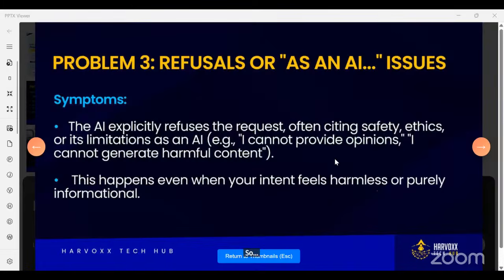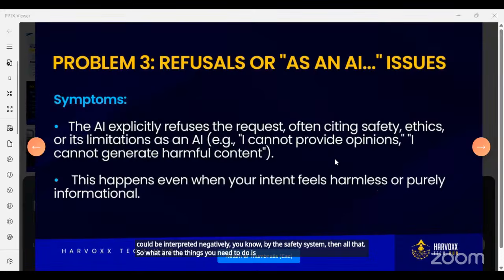If the request borders on sensitive, ethical, or harmful topics, even slightly, it could give you that. Most times too, if the prompt is highly ambiguous and could be interpreted negatively by the safety system, you get that. So one of the things you can do is rephrase the prompt to be a little bit neutral.